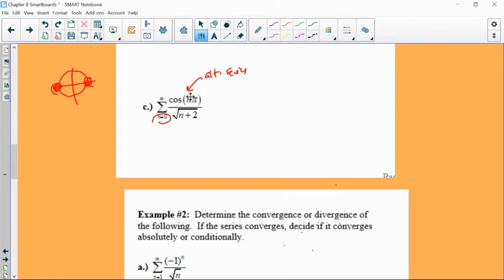You remove the alternating components and you just look at the sequence of terms, square root of n plus 2. Remember, because we're removing the component that alternates. Does that sequence of terms decrease? And yeah, it does. If you make the denominator bigger, overall your terms are getting smaller. So yes, I know that we have decreasing terms.